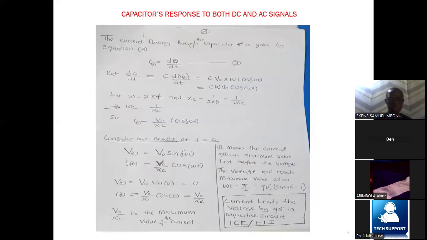The current flowing through the capacitor is dQ/dt. But dQ/dt will be C dV(t) over dt.